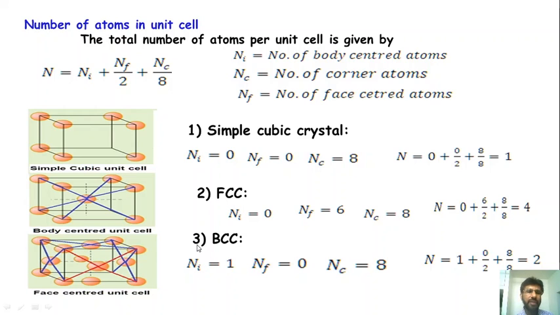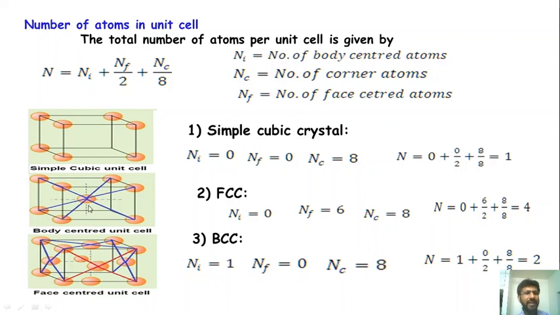In the case of the BCC structure, there is 1 atom at the body center, so Ni is equal to 1. There are no atoms at the faces of this unit cell, so Nf is equal to 0, and 8 corner atoms, so you will get N is equal to 2.